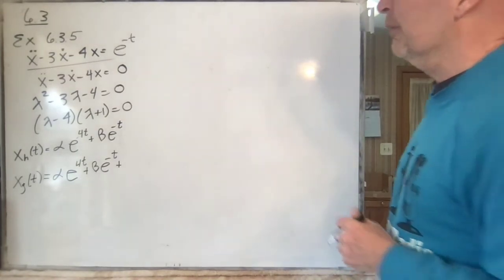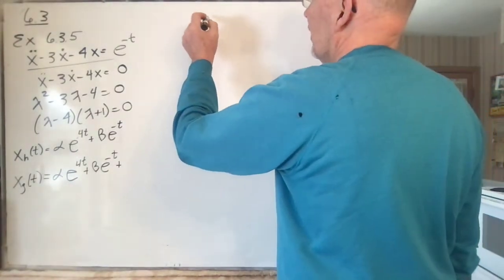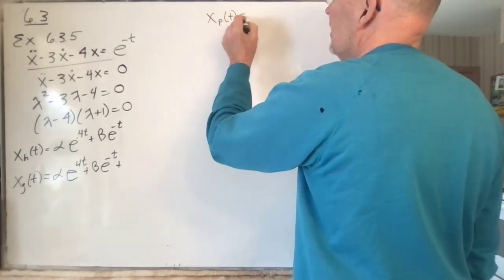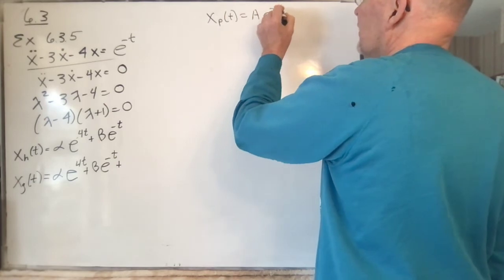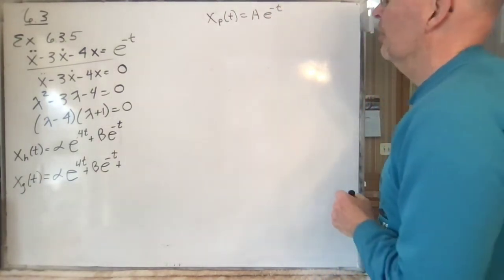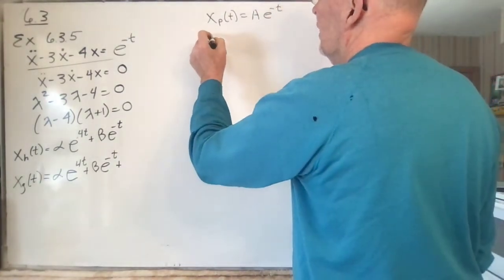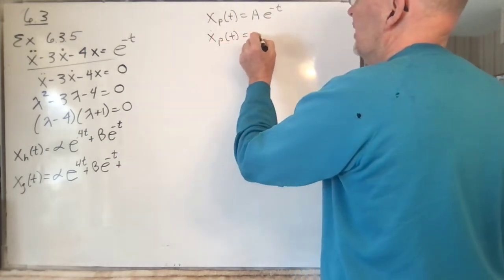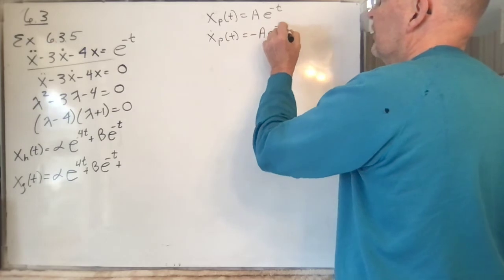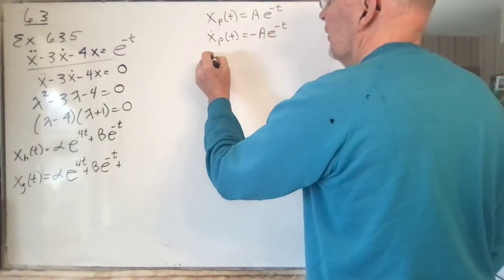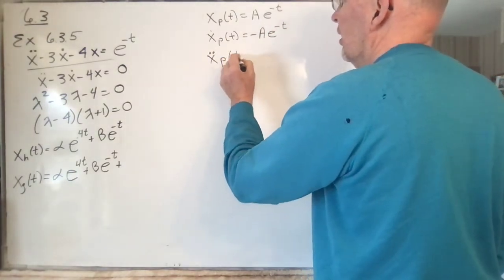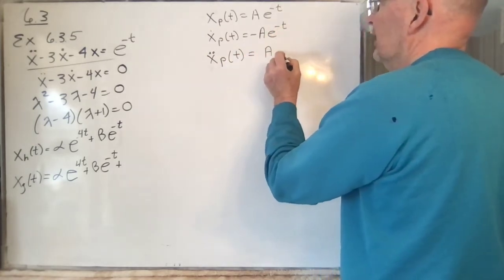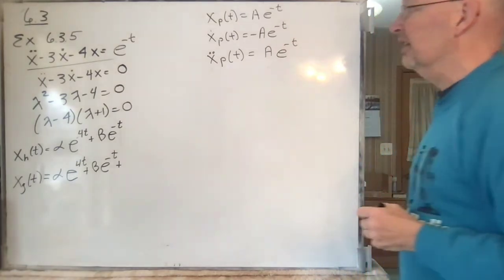Same way as we did the other one, right? We're going to try x_p of t to be a e to the negative t. And so what do we get? The first derivative is going to be negative a e to the negative t. And then the second derivative is going to be what? The negative comes down, it's going to be positive again, right? e to the negative t.